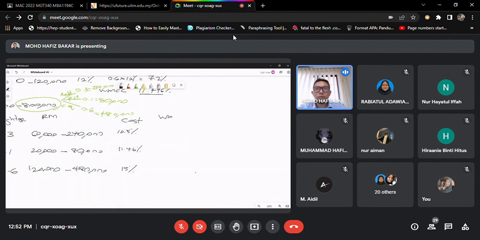So then you calculate your weighted cost. 0.3 times 10.5%, 0.1 times 11.46%, 0.6 times 15%. This is 3.15%, the same value as before, and then this one will be 1.146%.